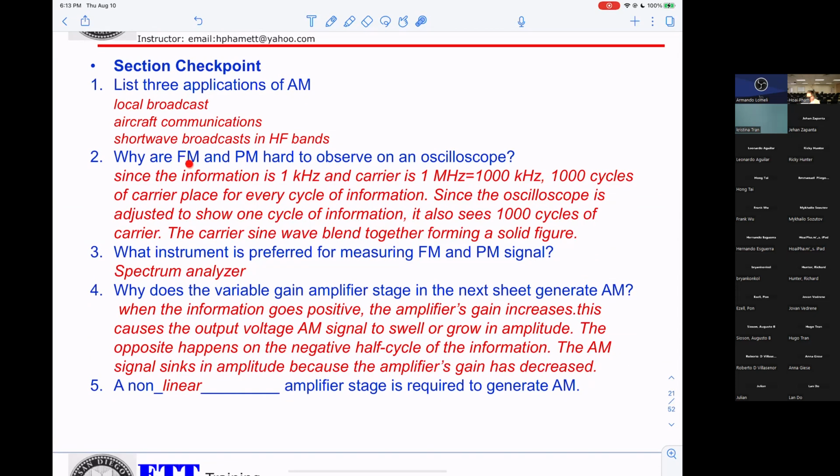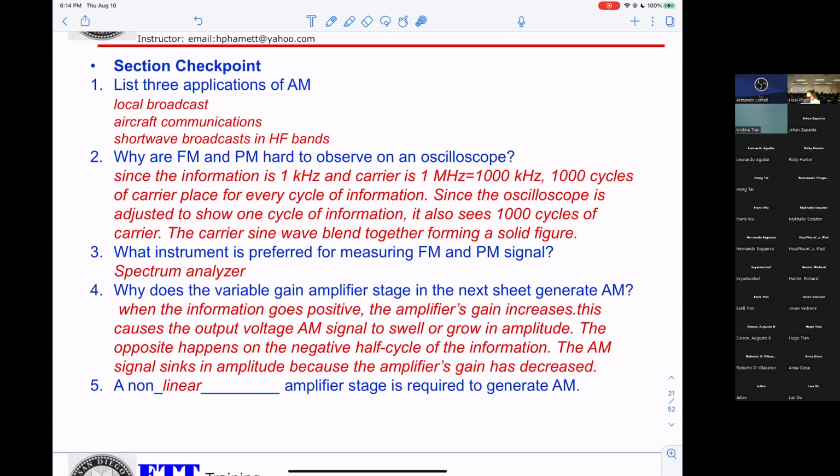Why do FM and PM have to be observed on an oscilloscope? They claim since the information is 1 kilohertz and the carrier is 1 megahertz, that means 1,000 kilohertz, and 1,000 cycles of carrier place for every cycle of information.